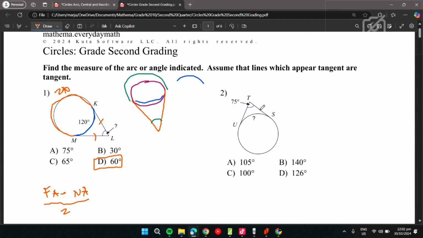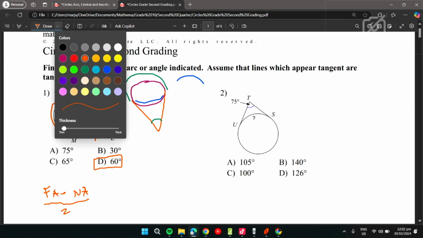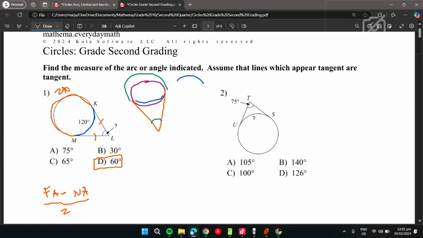Now, yung sa number 2, given yung angle ng intercepted arc, nung intersection ng tangent, right? And then hinahanap yung near arc. How do we solve this? Alright? Now, again, let's try to build the relationship.